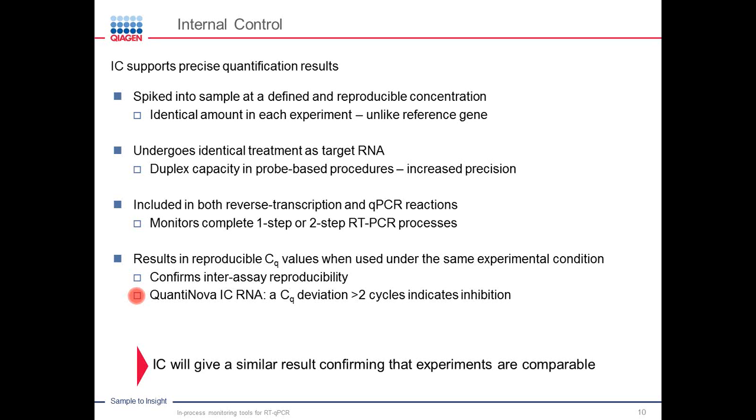But if the deviation is delayed by more than 2 cycles, then something is probably strange or wrong with this specific PCR reaction or tube, and we should have a closer look to rule out any errors or issues. So the key thing is that the internal control will confirm that our results are proper and comparable.